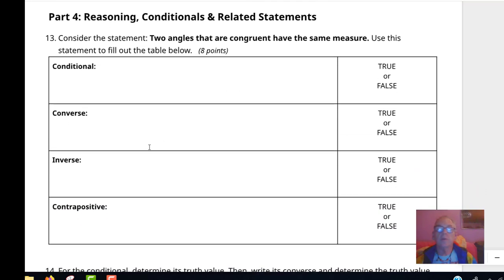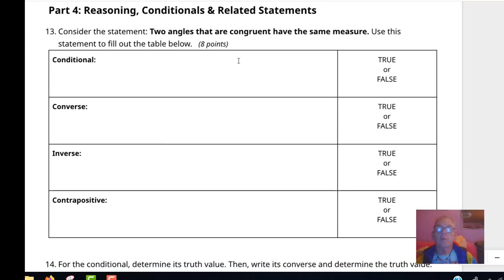Conditionals, biconditionals. Consider the statement, two angles that are congruent have the same measure. Use this statement to fill out the table below. Okay, we want just the original conditional statement.